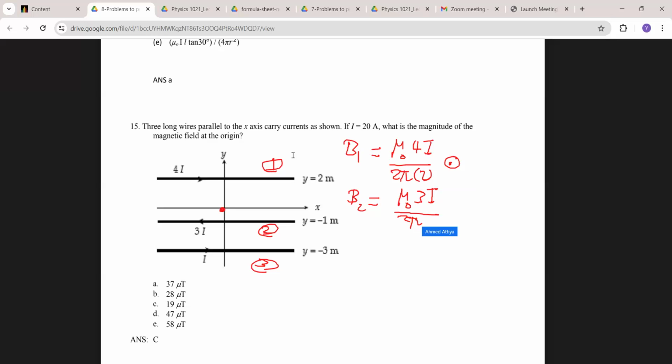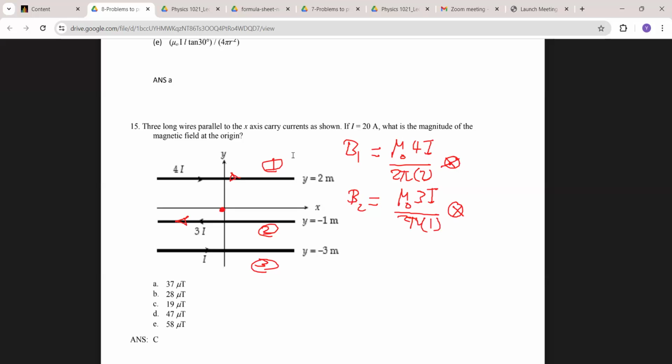The distance is 1 meter. The direction here is inside the screen for the current in this direction, so the magnetic field is inside the screen.